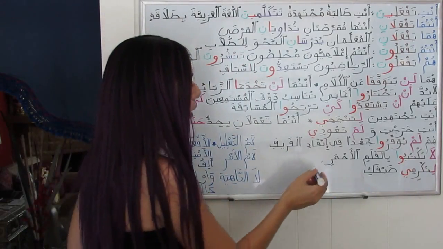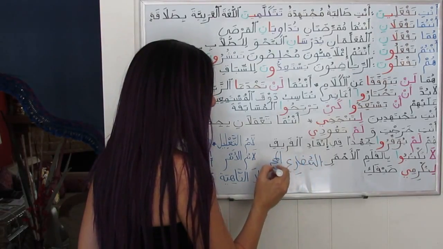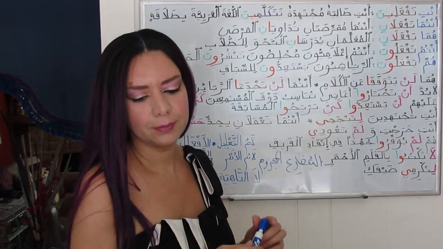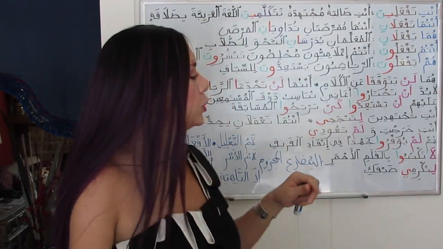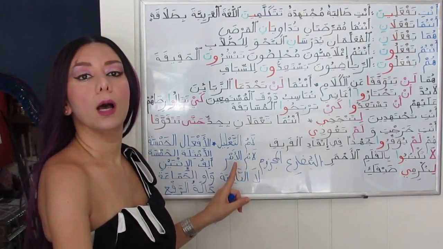Alright. On the other hand, in the imperfect jussive المضارع المجزوم, the noon will also be dropped if the imperfect verb is preceded by a particle of negation لم did not, or lam of command لام الأمر.